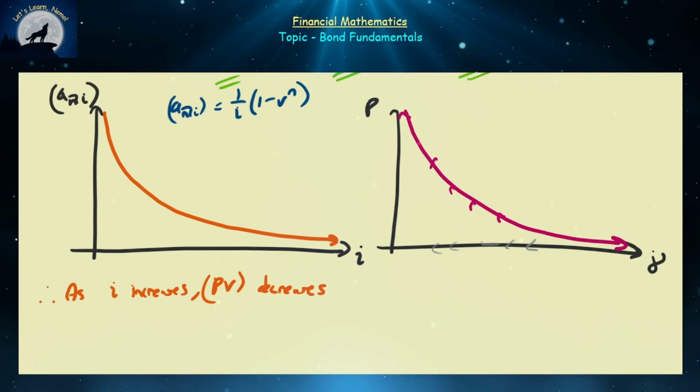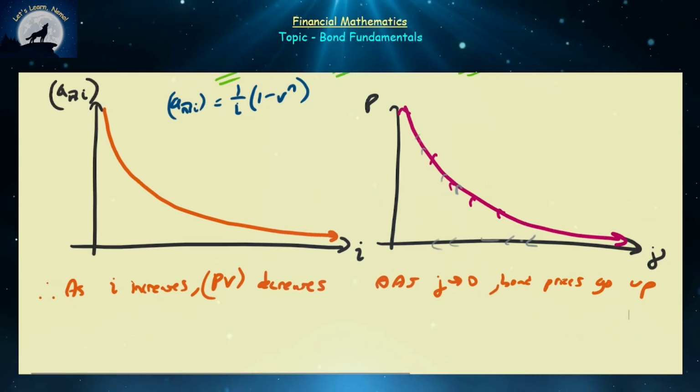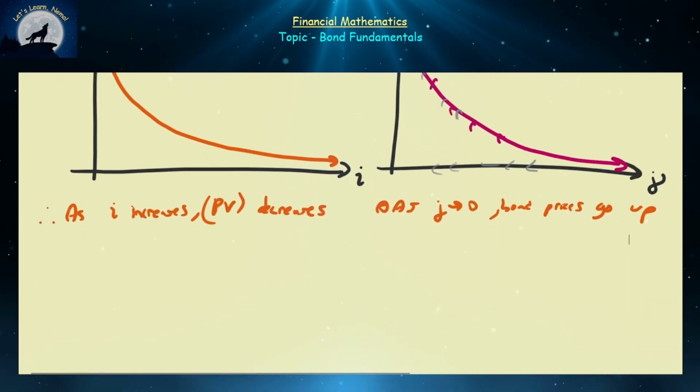As J goes to 0 from the right-hand side, notice that the curve is going to be going up. So as the yield rates go down, bond prices will go up. And this is going to give us a few things for strategies for buying or potentially selling bonds.